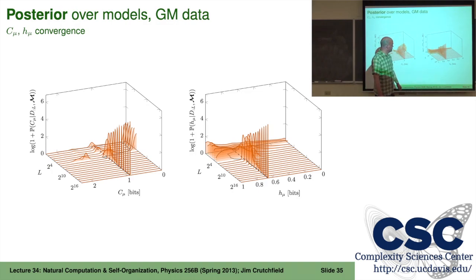And so this is the full data set, and that's basically the prior at the beginning in both of these cases, just looking at H mu and C mu. And so this is an example of a very nicely converging thing where, like to the 10 right here, this is only 1,000 symbols. We've already converged pretty quickly.